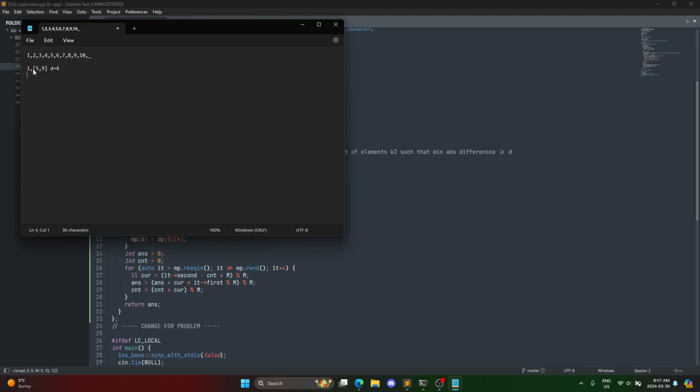So D equals 4, 1, 5, 9. D equals 1. So basically the answer for D equals 1 includes D equals 4.